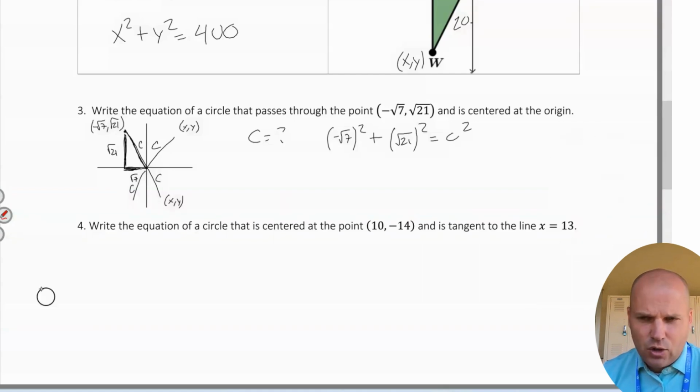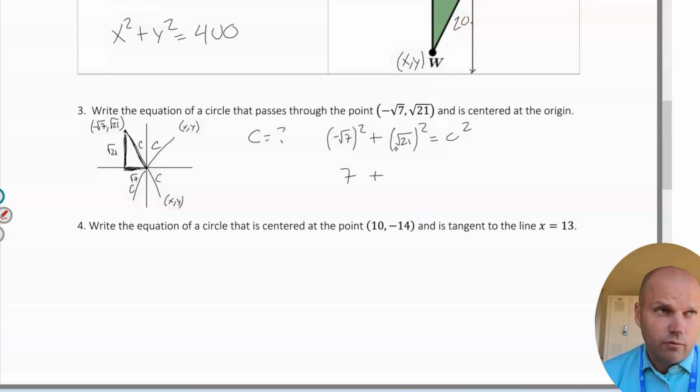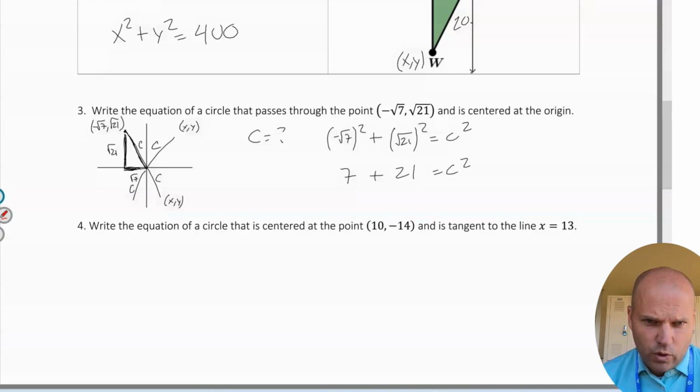Why do I say that? You don't need a calculator to figure out that negative root 7 times negative root 7 is just 7, and root 21 times root 21 is just 21. So we'd want you to do that. Now we get that c is equal to the square root of 28.